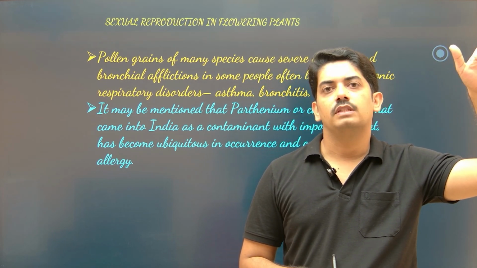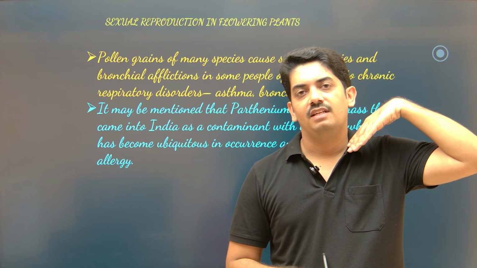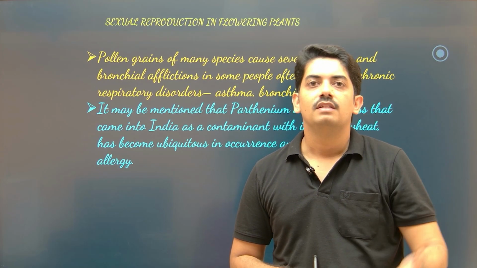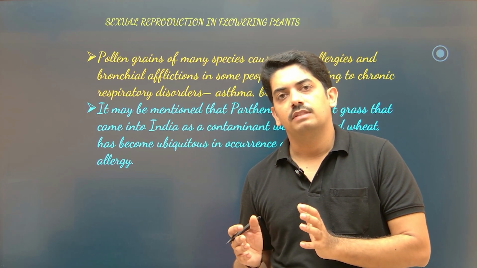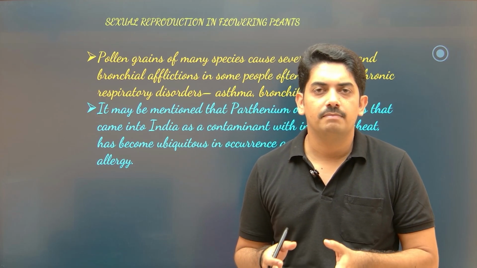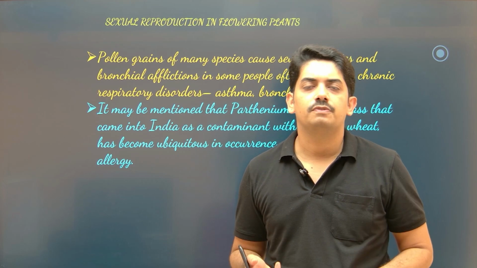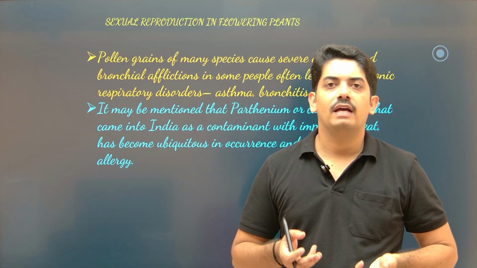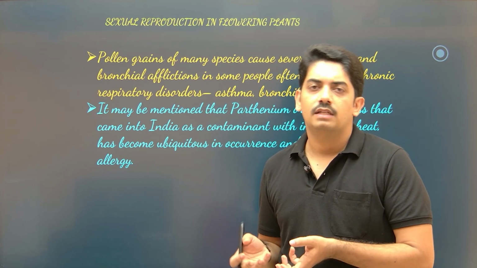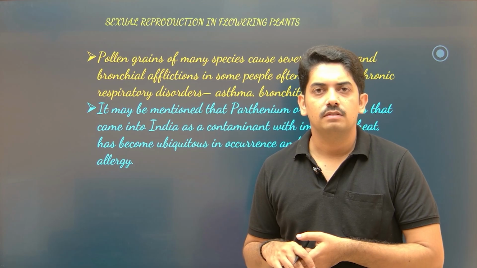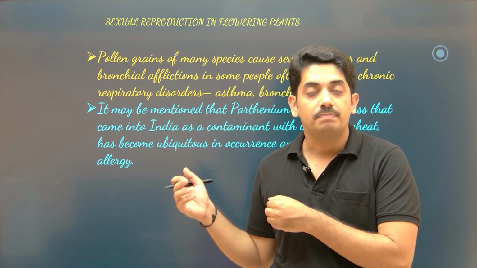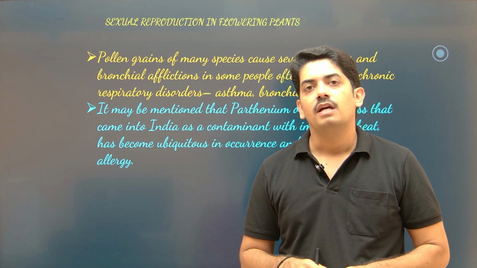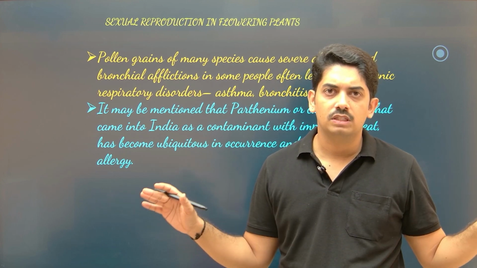In 1947, when we fought for freedom, India was in great danger because of famine. There was a lot of competition for food. So India imported wheat from Western countries, and at that time, as a contaminant, this Parthenium grass entered India, and now it is spread all over the place.